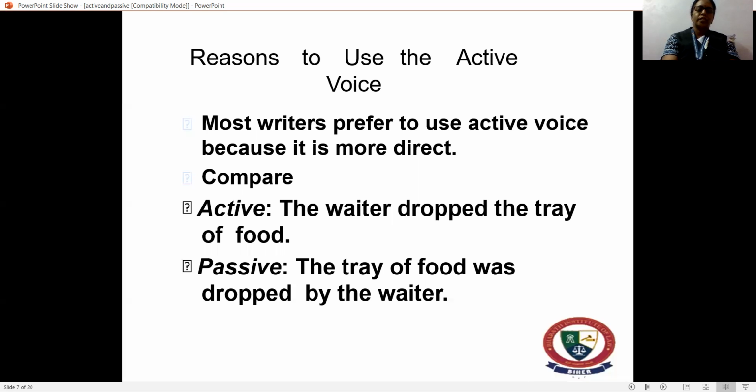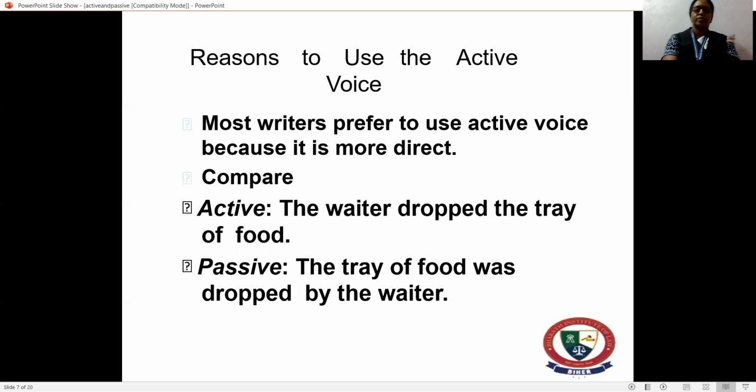This statement could be easily understood with the example which I have given. The first sentence is in the active voice form. The waiter dropped the tray of food. The waiter, subject; dropped, verb; the tray of food, object, which is in the active form.